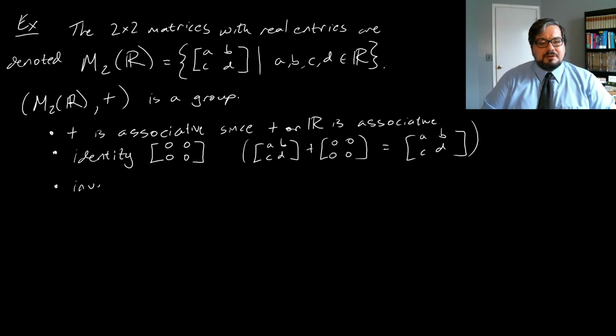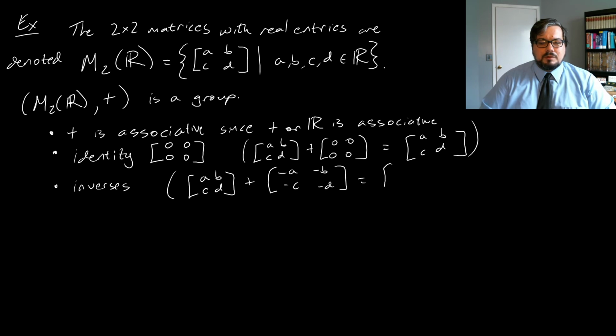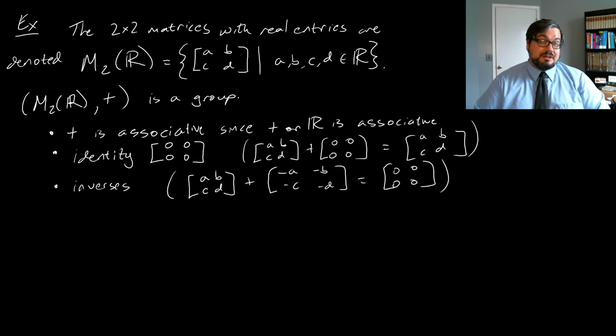And then we have inverses. The inverse of A, B, C, D is the matrix minus A, minus B, minus C, minus D, which gives us 0, 0, 0, 0. So we have another example of a group here, matrices with addition. Now this isn't really too new.